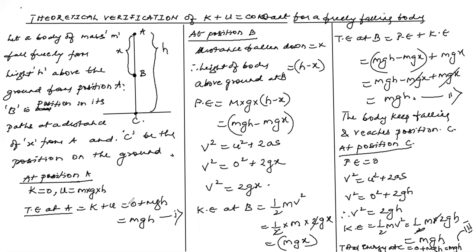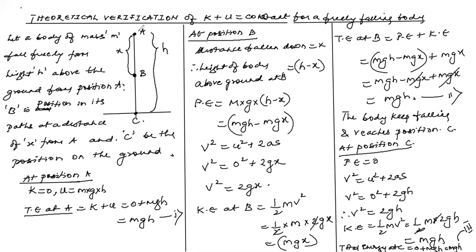What I see is that the total energy during the motion remains the same, mgh. Got it? So during free fall, the potential energy went on getting reduced and was getting converted into kinetic energy. But the sum total of energy at any position was always equal to the potential energy of the body on top.